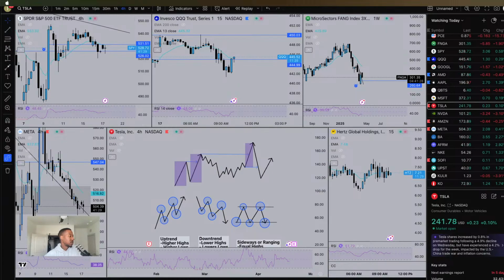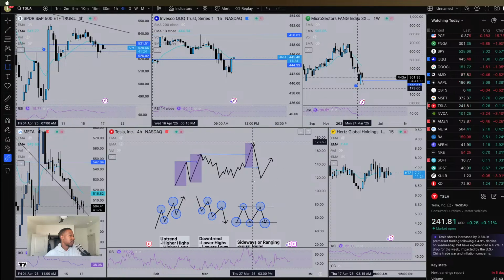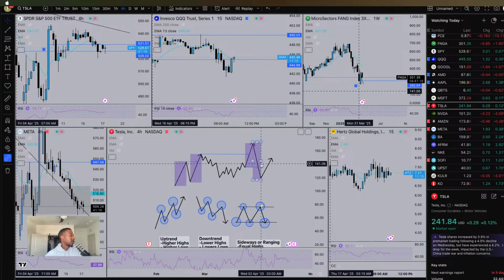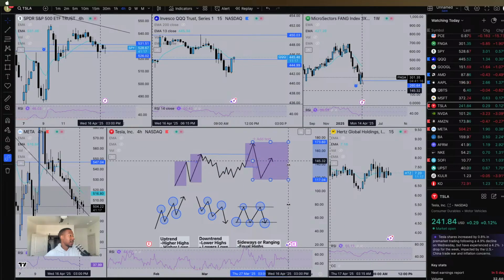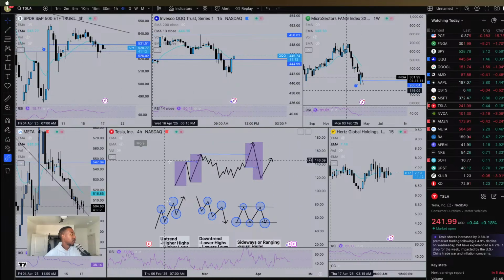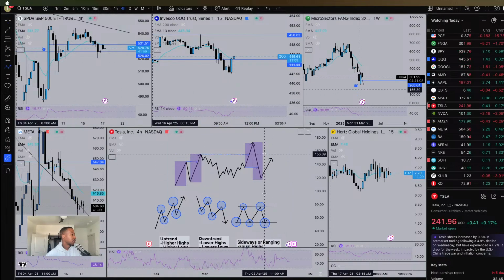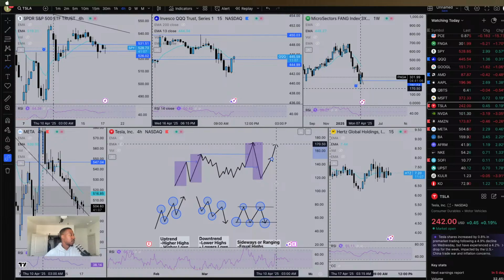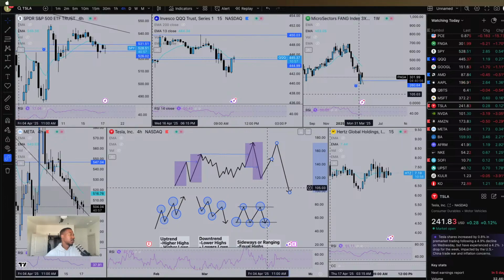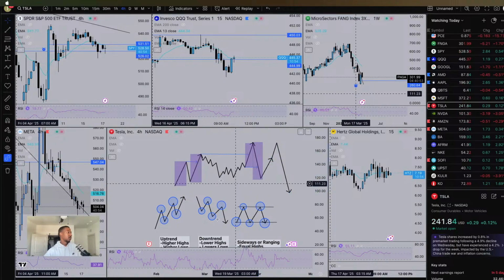So now the range, hold up, now the range is bearish right here. And now everything between this, we would ideally be looking for downside. Even if the stock comes all the way back up here and makes an equal high, we would still be expecting it to either come back down here or make a new low, because now we're in a downtrend.